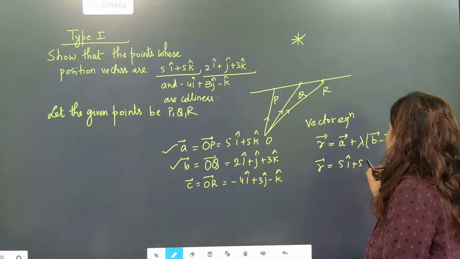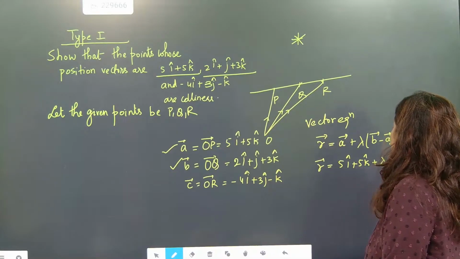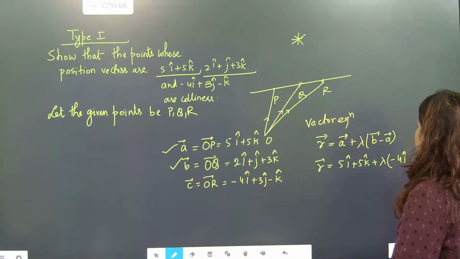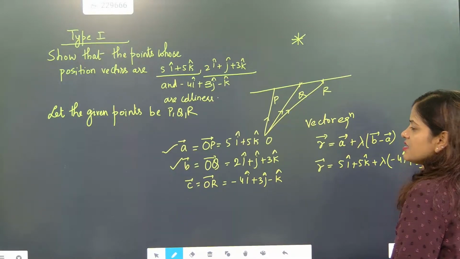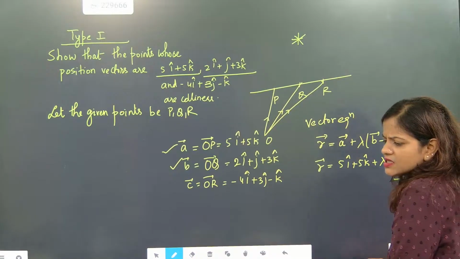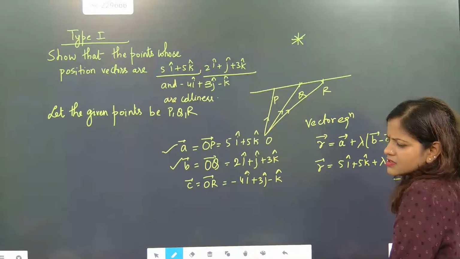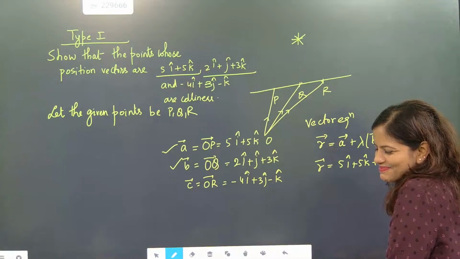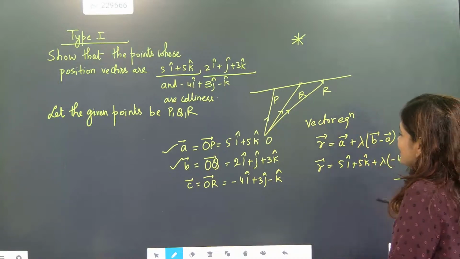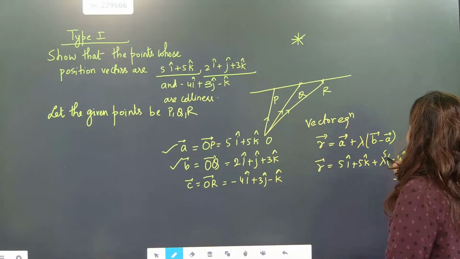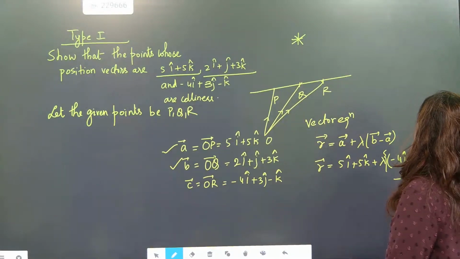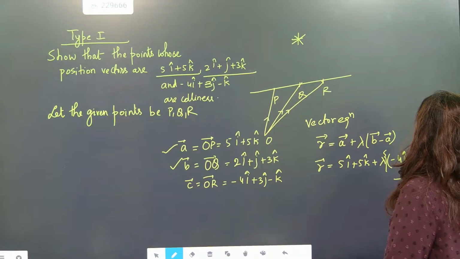So R vector is equal to A vector first, right? 5i plus 5k plus lambda times (B vector minus A vector), where B vector is minus 4i plus 3j minus k and A vector is 5i plus 5k.